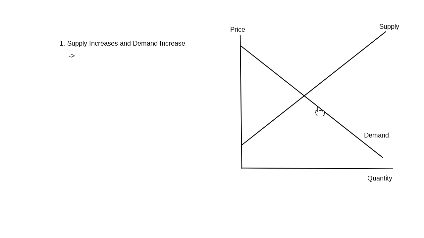And if demand increases, I'm sorry, supply will shift in this direction, shift down and to the right, and demand will shift in this direction. So essentially we'll have demand increasing and supply increasing.